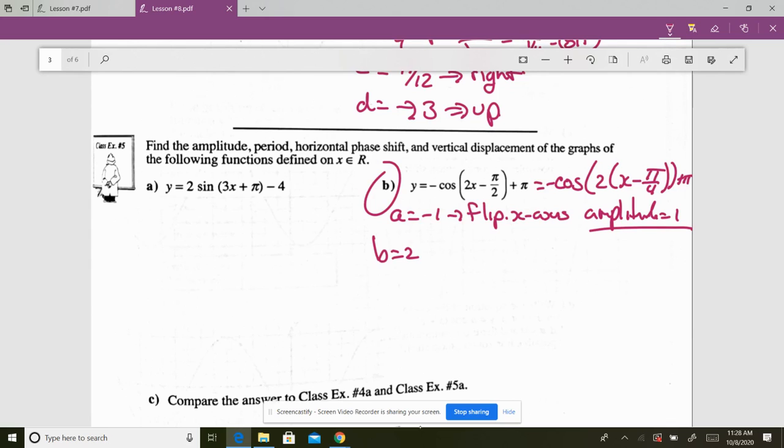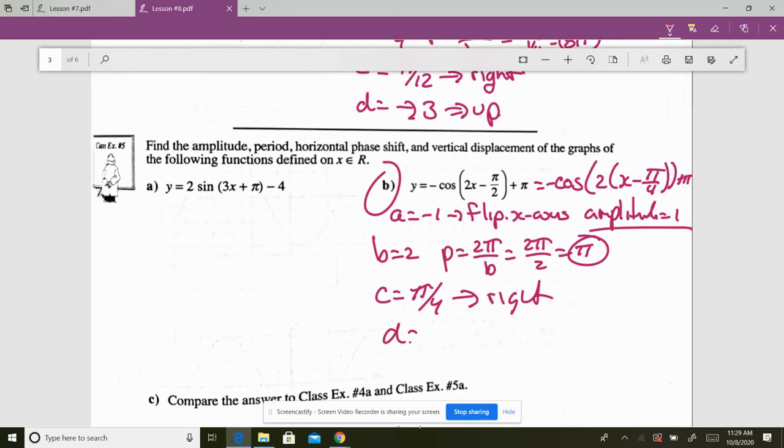What's my period? Which is pi, yes. So the period is pi. What's my c value? Which means we went, and d is pi. So we go up.